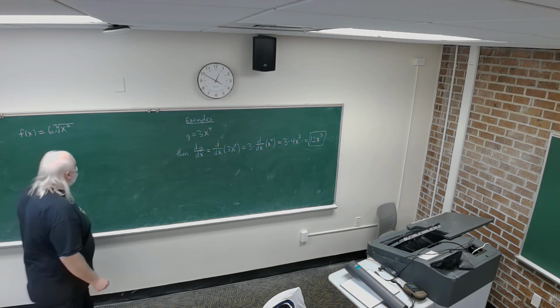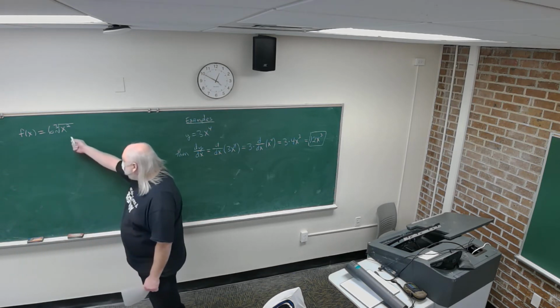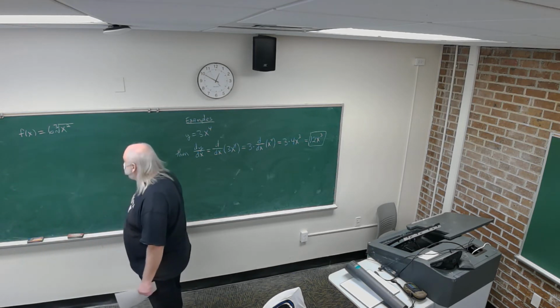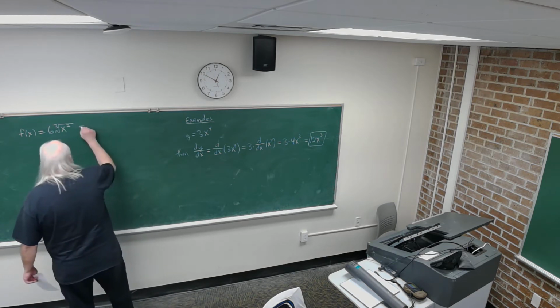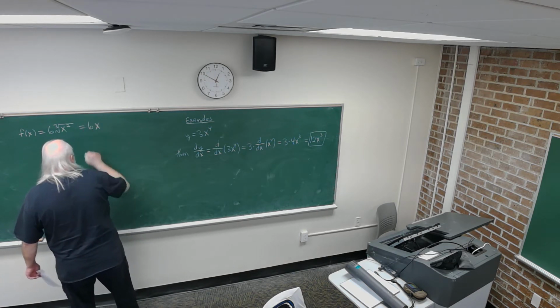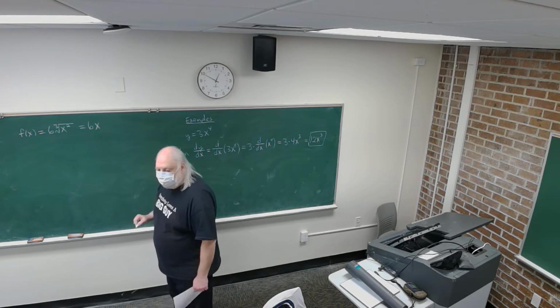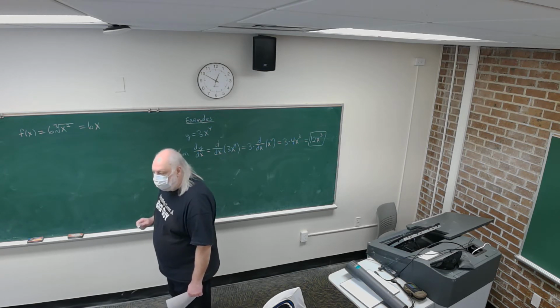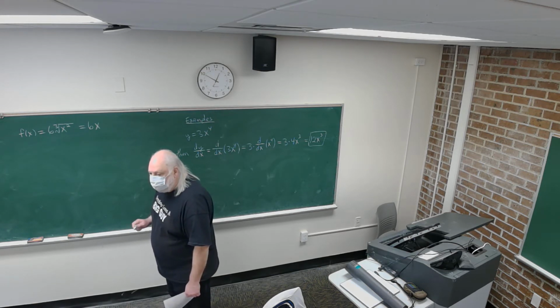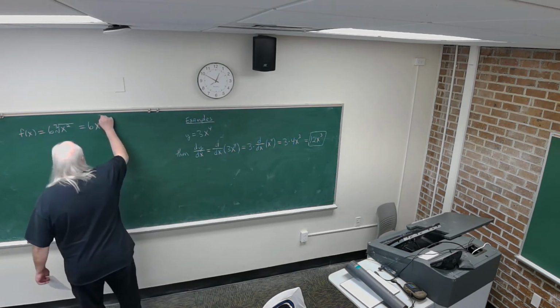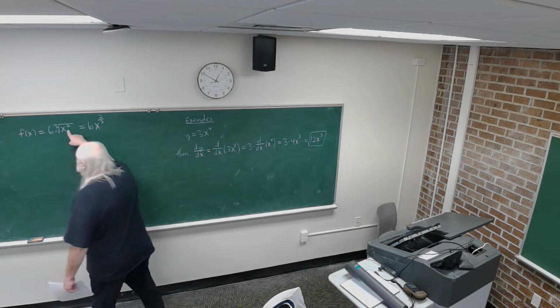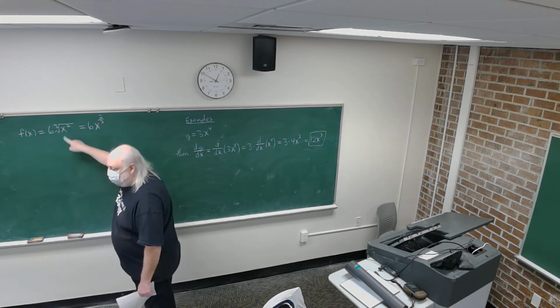Well, first thing we got to do is rewrite the cube root of x squared. Cube root of x squared is equal to x raised to what power? What is it? 1/3? 2/3. You take the cube root of x squared, right?